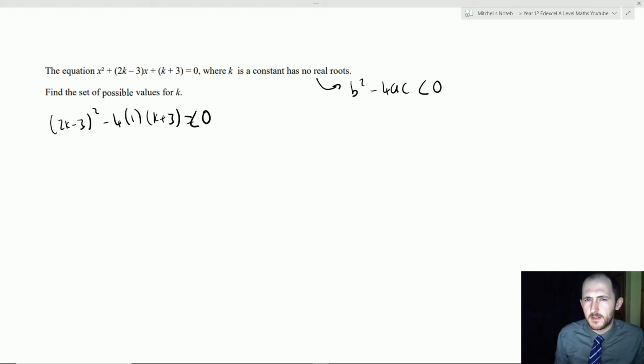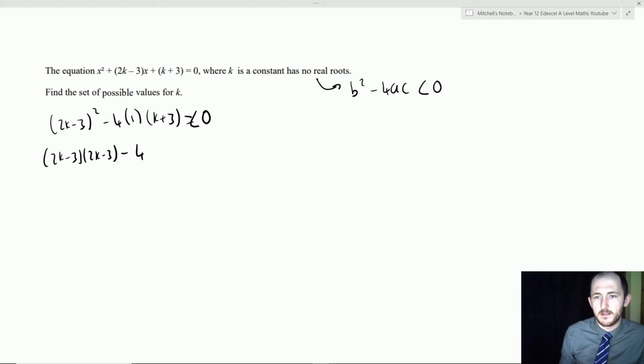Okay, just make sure I've done that right because I got distracted. Okay, perfect. So we're going to minus 4 again, k plus 3, because 4 times 1 doesn't do anything. It's 0.